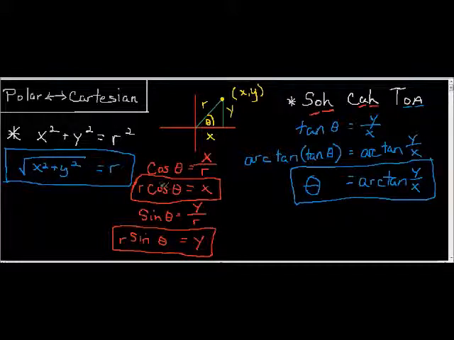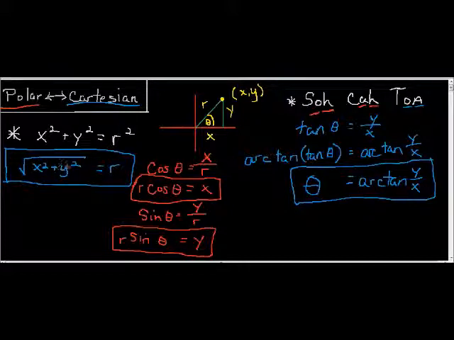Now the ones in red are if you are given your polar coordinates, theta and r, you could solve for x, theta and r, you could solve for y, and the formulas in blue are if you are given your Cartesian coordinates, x and y.